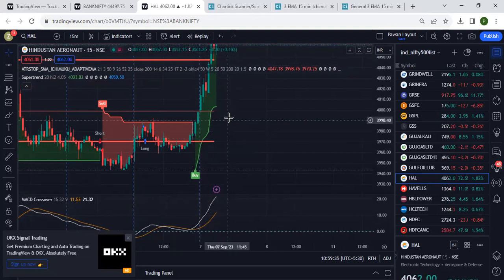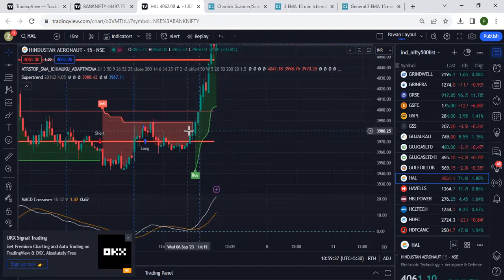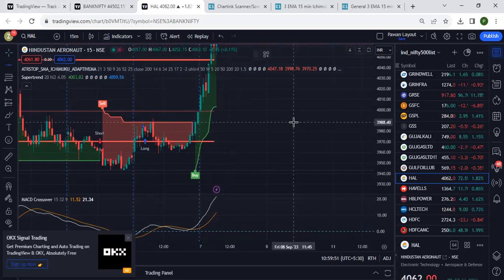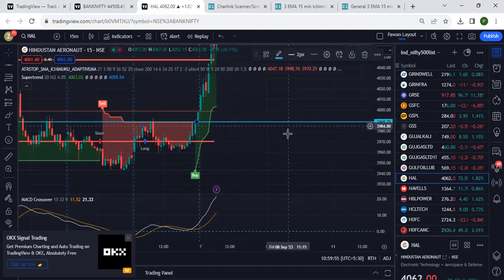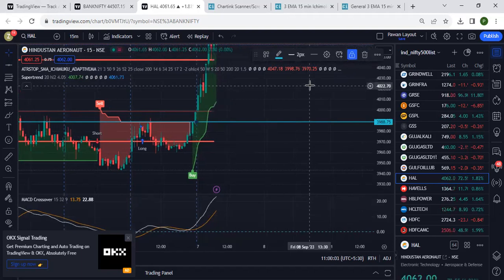The entry price will be this one, around 3 p.m. yesterday. This price is around 3,988.75.